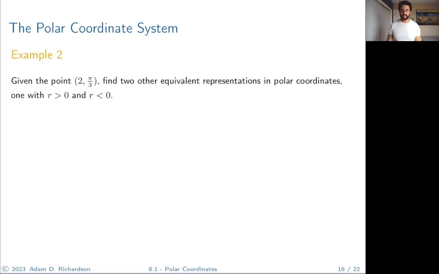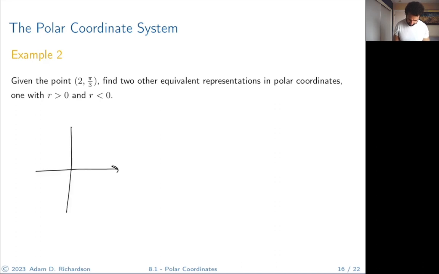All right, now let's do it together. For me, I'm a pretty visual learner, so if I can draw a picture of something, I usually will. And in this case, I'm going to draw a picture just to give myself something to help me make sense of what these different representations are going to look like. So let's plot the point 2 comma pi over 3 first.